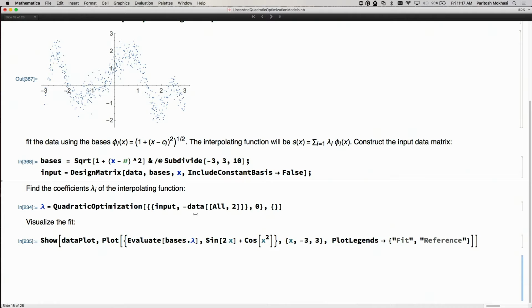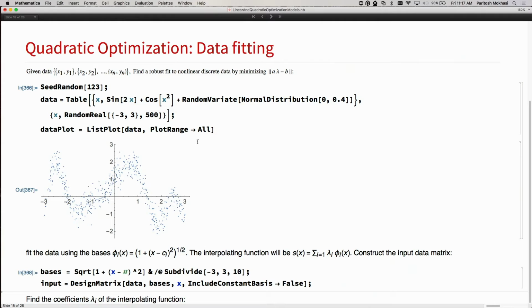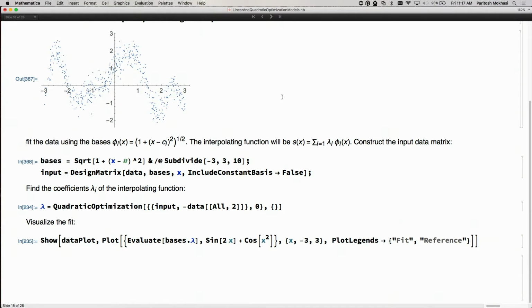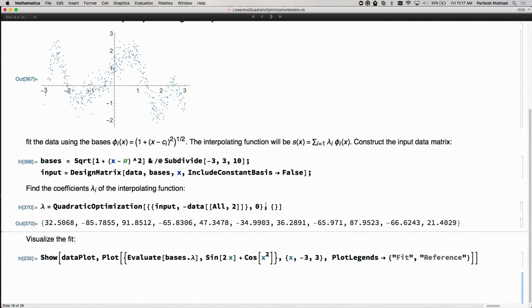Again, I'm going to talk about the data fitting problem, but now it's just a basic norm fitting. This is exactly the same example. I'm going to use the same basis and do the interpolation. But now notice that instead of giving the input in symbolic form, I'm giving it in a matrix vector form, because it's just obvious to give it in this form.